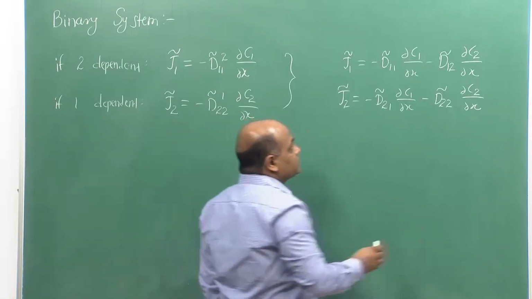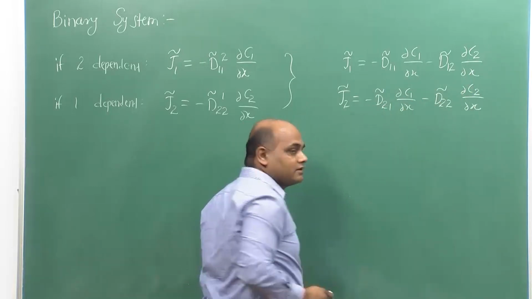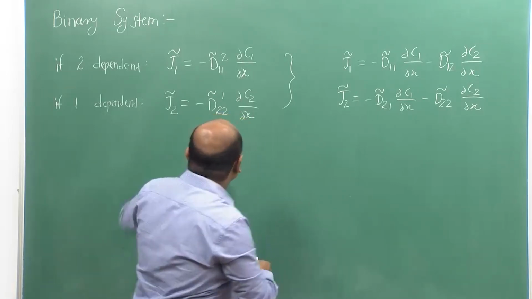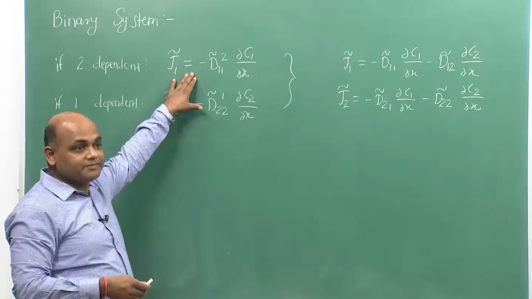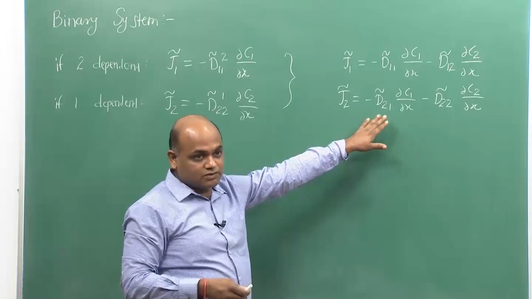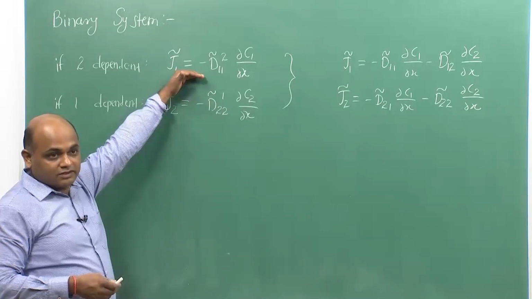And if we substitute for dou C2 by dou x here or for dou C1 by dou x here, we will get one of these two equations, right. So, that is how we are reducing 4 coefficients, n square, to n minus 1 square; 2 minus 1 is only 1.